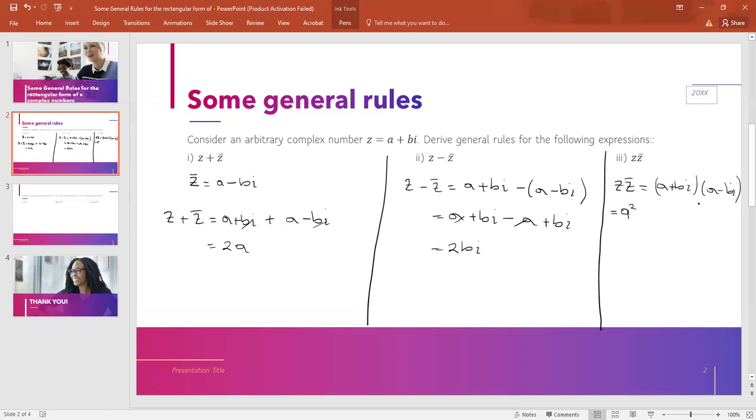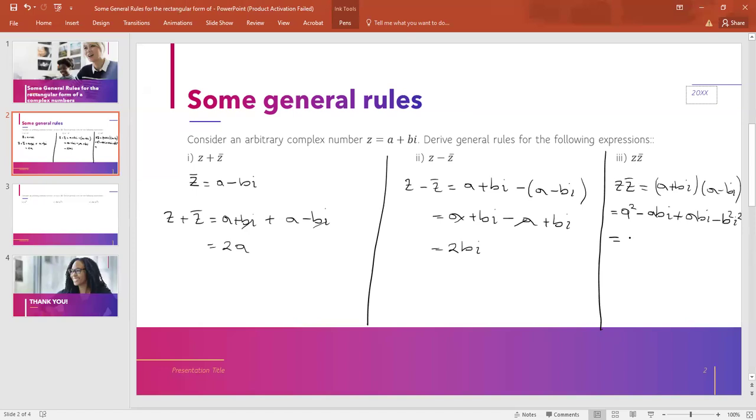A times minus bi gives us minus abi, plus abi, minus b squared. You have b squared times i squared. Remember that i squared gives us minus 1, right?